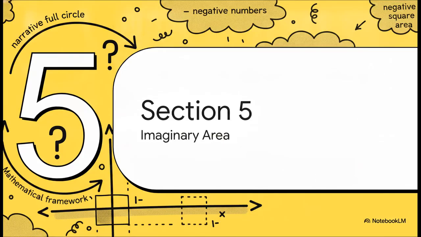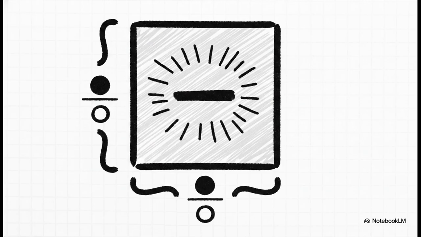Finally, we arrive at Section 5, Imaginary Numbers as Area. This brings our whole narrative full circle right back to the inciting problem. Let's tackle that seemingly impossible task of calculating the area of a negative square. If we have a square with a side length as a negative value, which is expressed in this system as 1 over 0, we can just multiply length times width, right? 1 over 0 multiplied by 1 over 0. According to the multiplication rules we literally just established, this yields an area of 1 over 0.